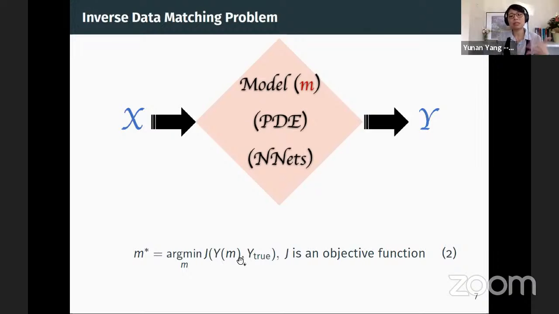Originally, if I'm comparing the entire data set versus the entire data set, I have a lot of information. But once I turn it into a constrained optimization framework, the only information we have is the objective function and the corresponding gradient. So the objective function plays a key role in many of such problems.